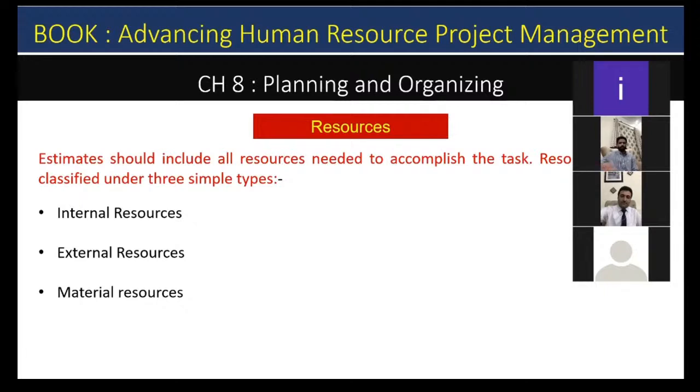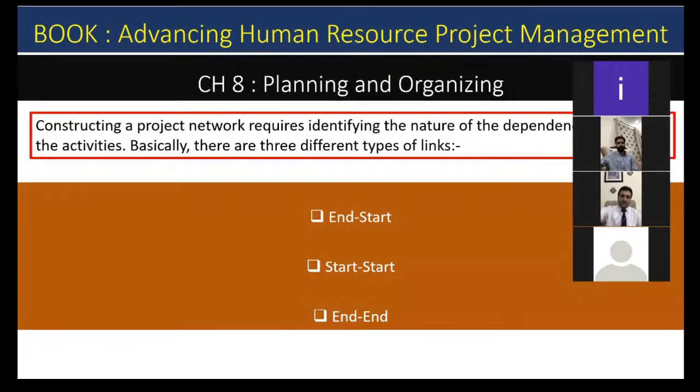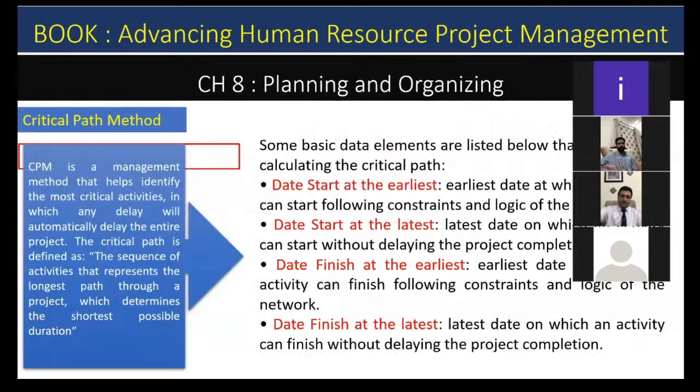Next slide, please. After acquiring the resources, we will come to another part of the project, that is the project network diagram. This interlinks different activities by three different relationships: end to start, start to start, and end to end. Next slide, please.